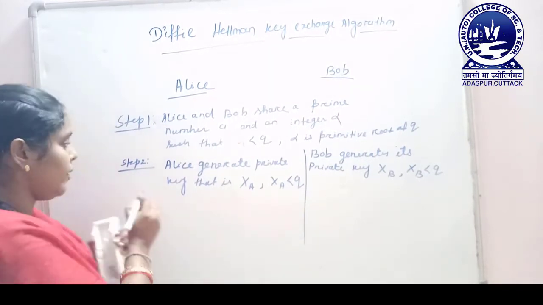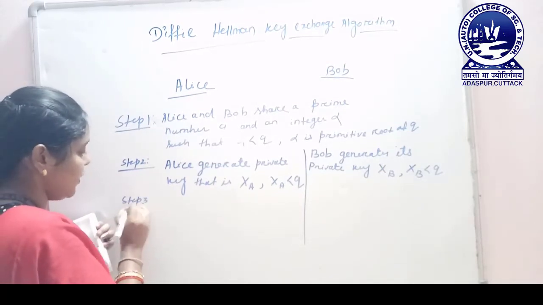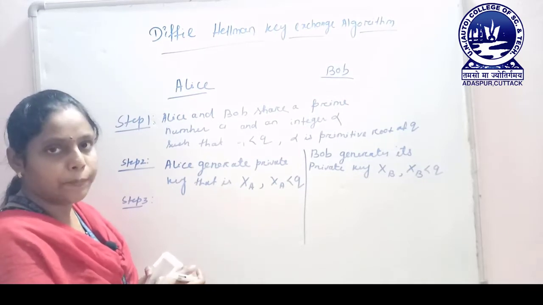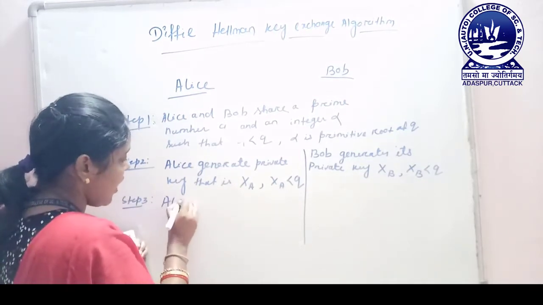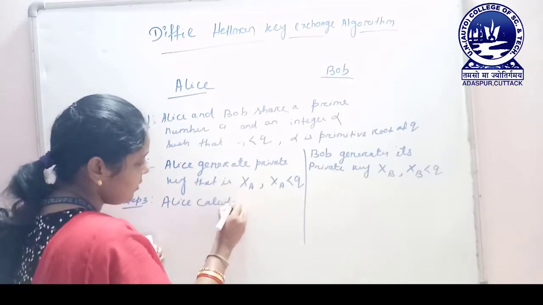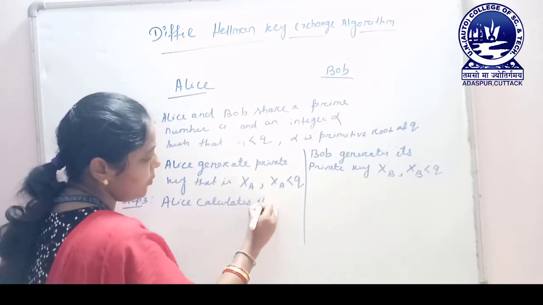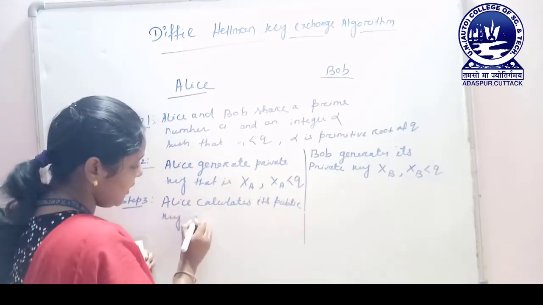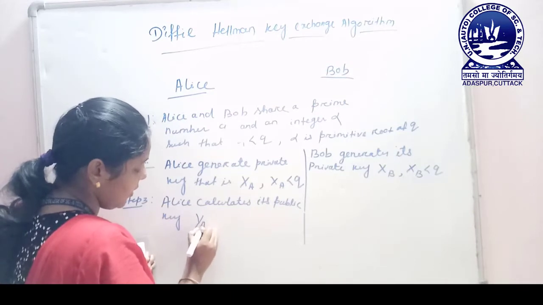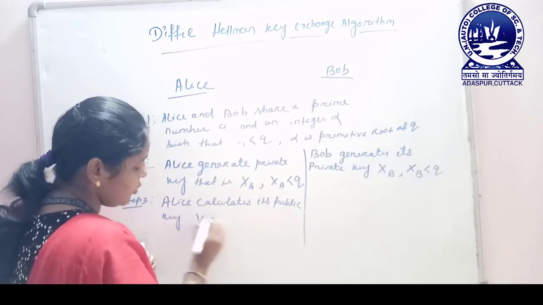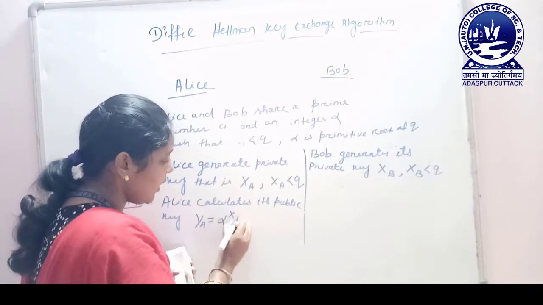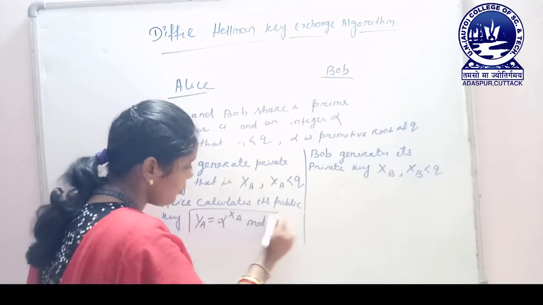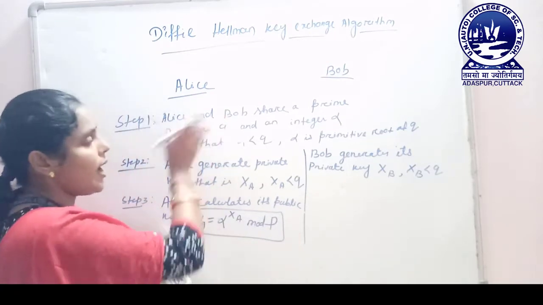Next, in step 3, Alice calculates its public key YA, which is equal to alpha to the power XA mod P. This is the public key for Alice.